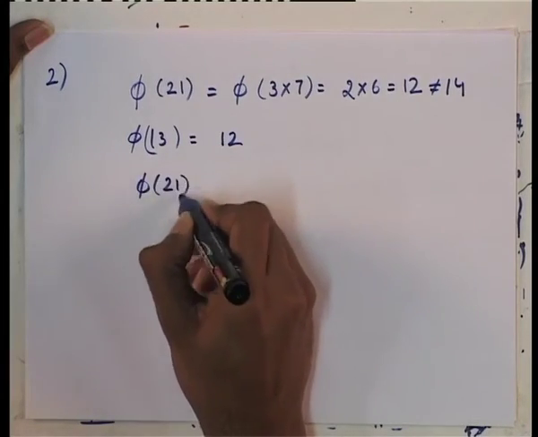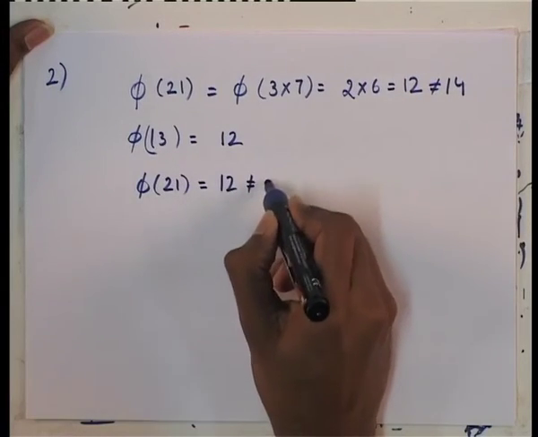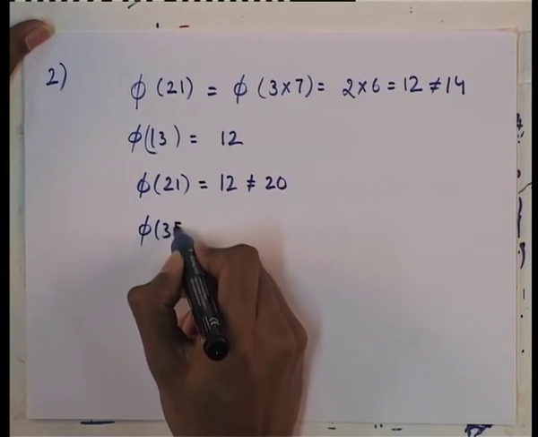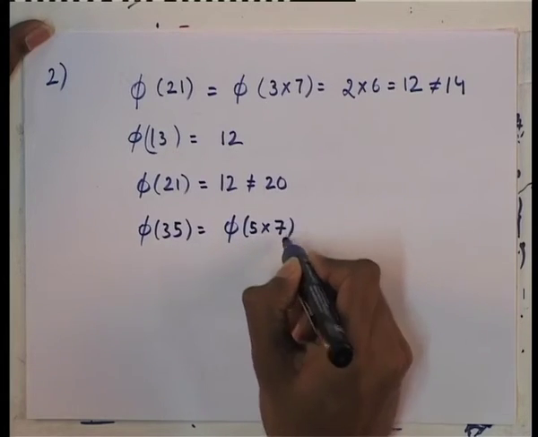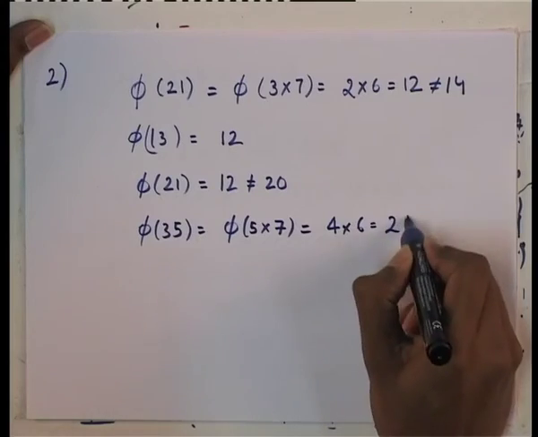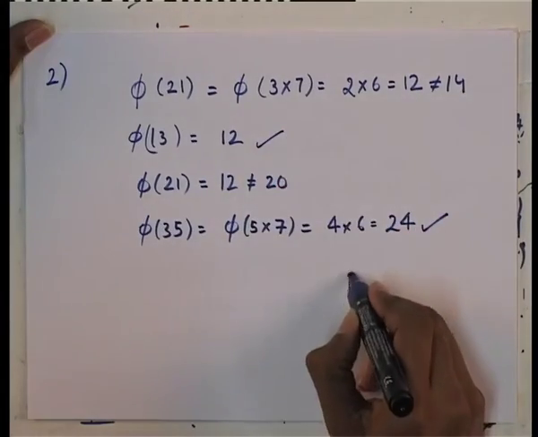Phi of 21, we have already calculated it to be 12, which is not equal to 20. So, option C is incorrect. Phi of 35 is phi of 5 times 7, which is 4 times 6, that is 24. So, option B and D are correct.